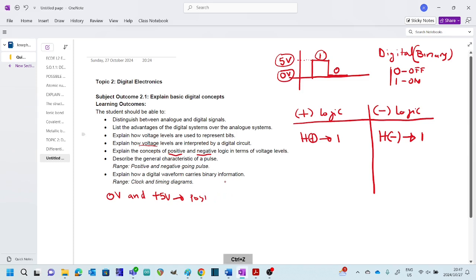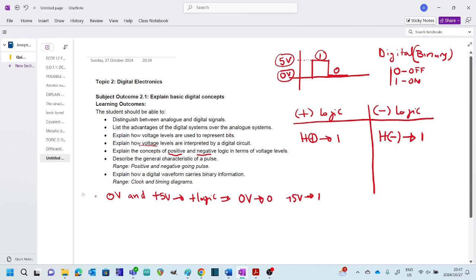Let me not write positive the whole thing, let me just write plus logic, to save space. So if 0 volt and plus 5 volt are in positive logic, 0 volt is going to represent a 0, that's automatic, and plus 5 volt is going to represent a 1. Now it makes sense.